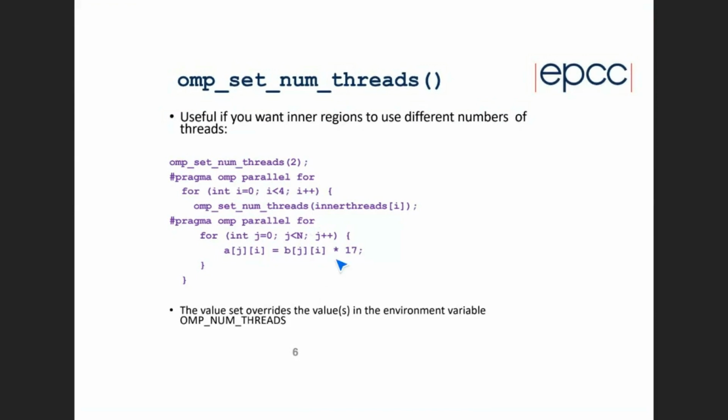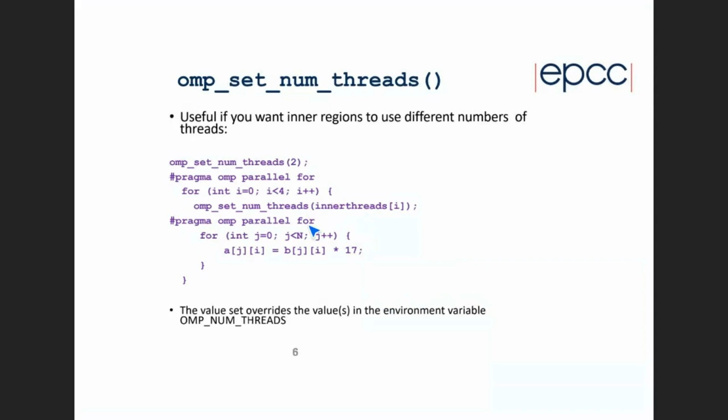And in principle, maybe I can pre-store them in some array. So for every value of I, I can call omp_set_num_threads, and that will use that number of threads to execute the next parallel region that's encountered. I'm also using omp_set_num_threads to set the number of threads for the outer parallel region. So I'm setting that to 2.